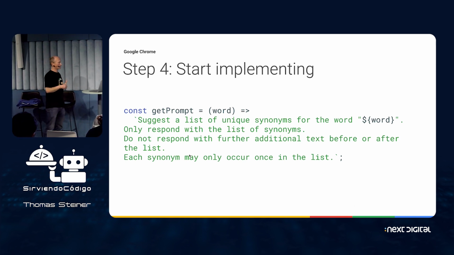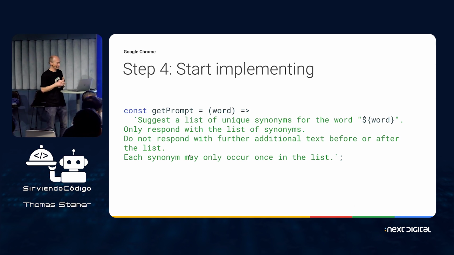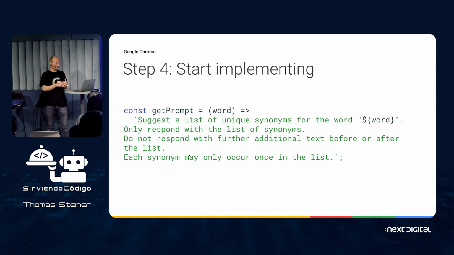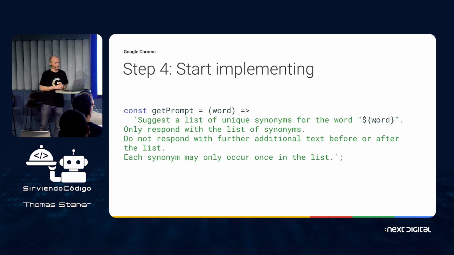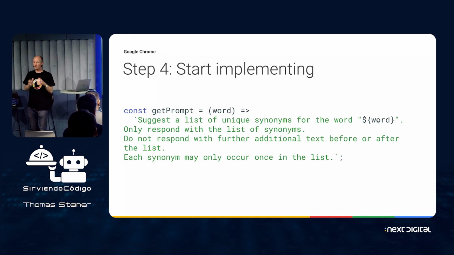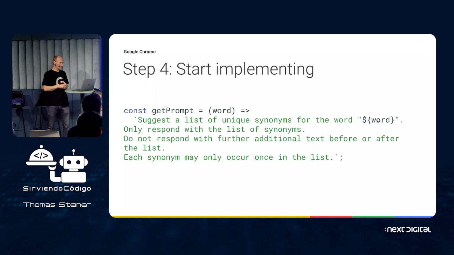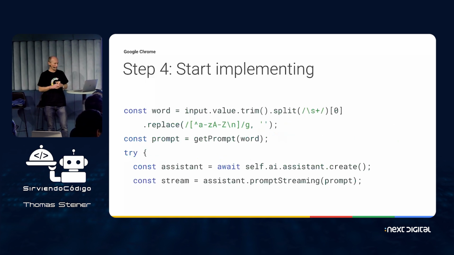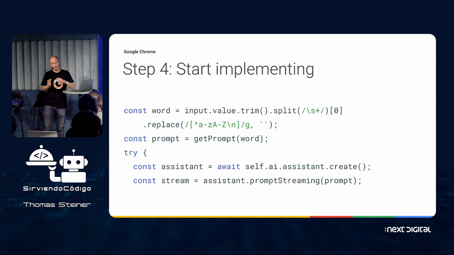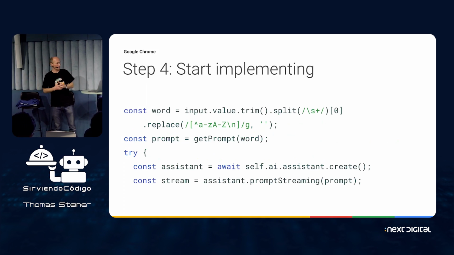As step 4, we have the implementation, and a very simple get prompt function. We give it a word that it then dynamically inserts into the prompt that we came up with in the previous couple of slides. So not super interesting here. Then you can see we want to get only one particular word. We don't want the user to enter sentences.